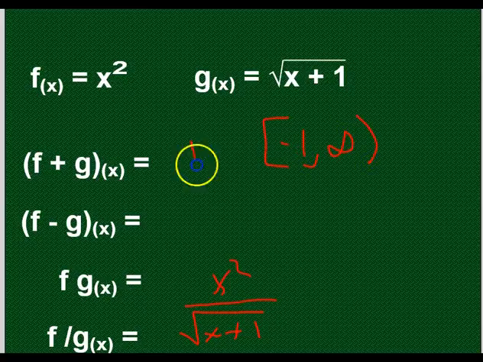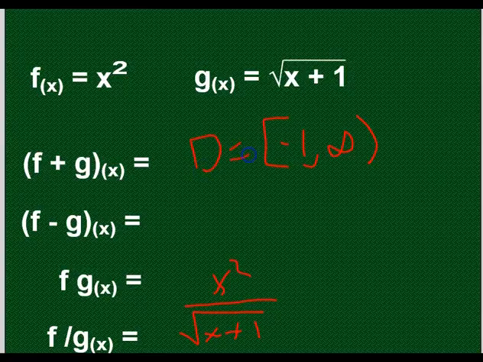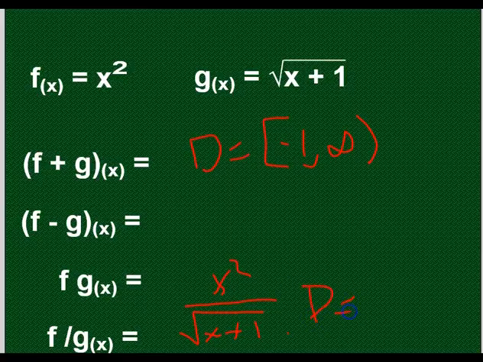If we include this as the domain for f divided by g, our new function here, then the negative 1 in the domain would result in a 0 denominator, undefined. So the domain for this function is not what we've been using. It would have to exclude the negative 1.